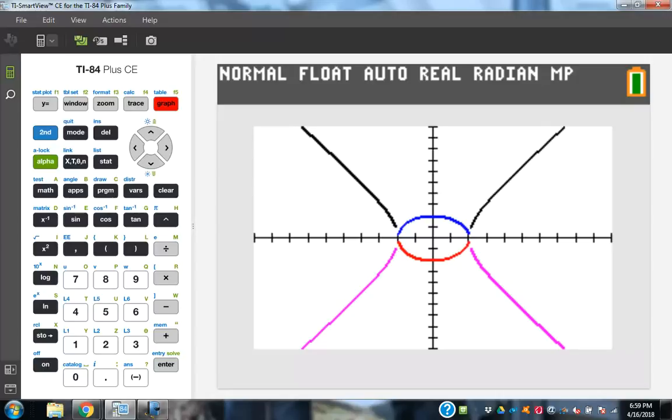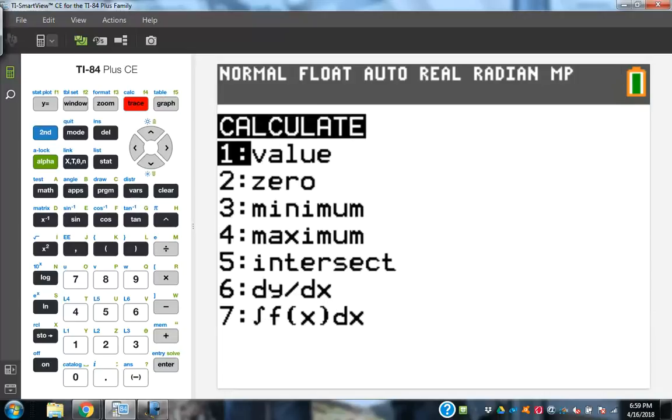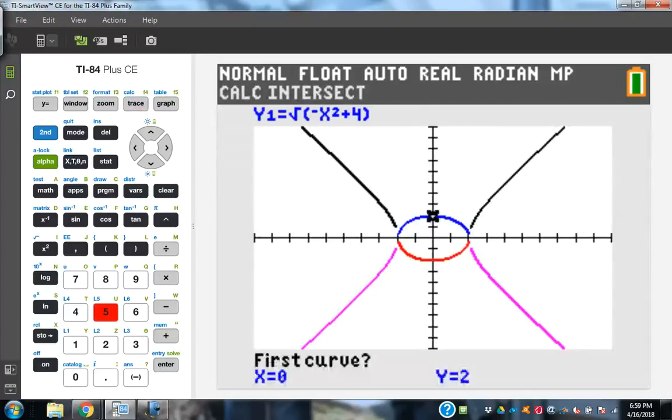If we want to find this graphically, we would hit second trace and then intersect, first curve, second curve. We want to make sure it gets to, if we pick Y3, that's the black one for me on the color one, but it's Y3 is the top part. I hit enter.